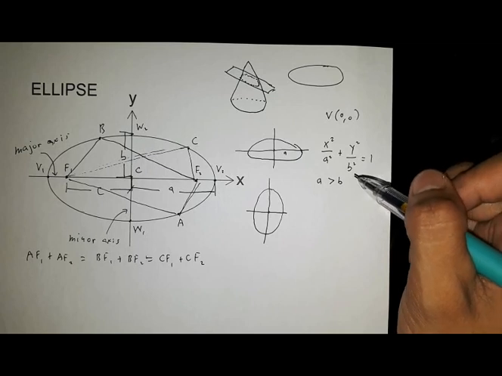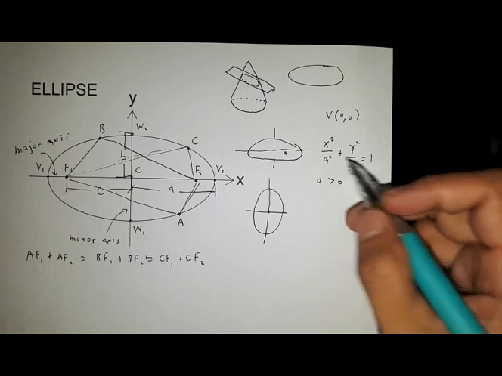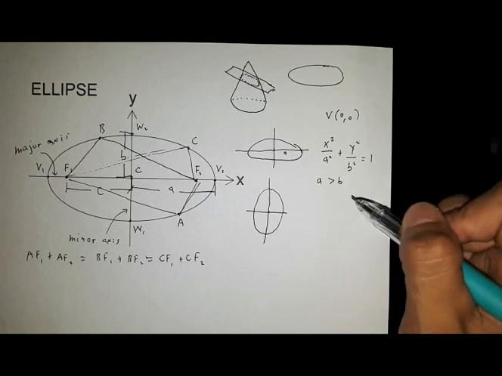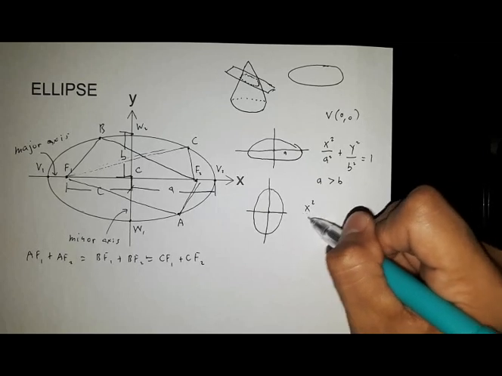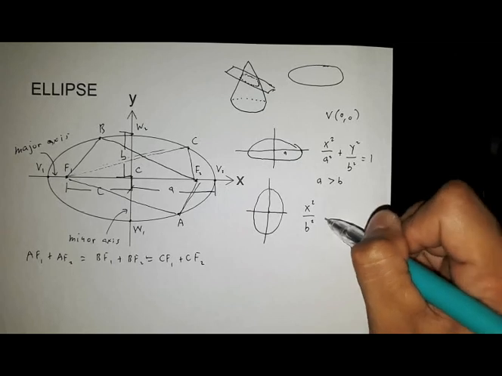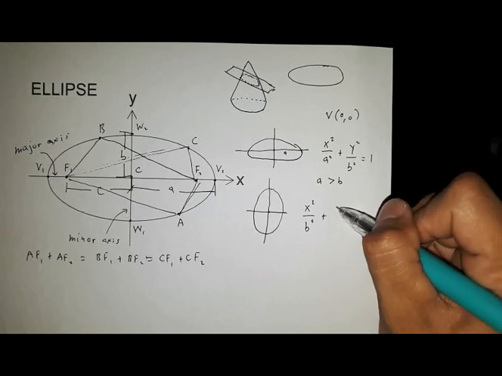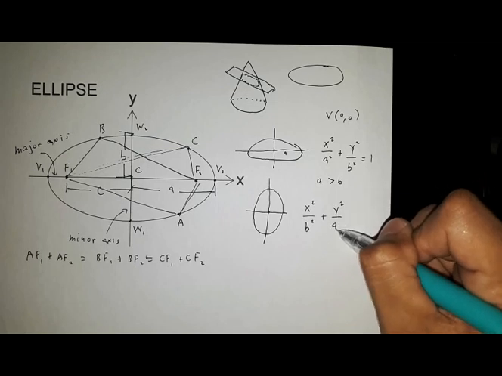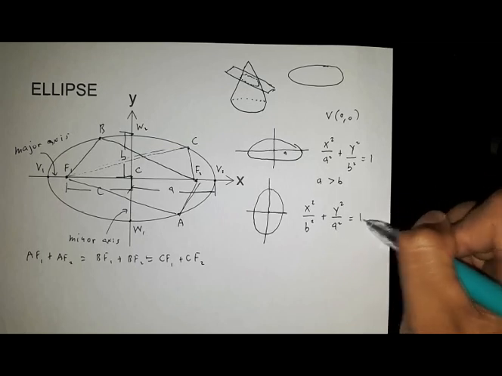Now, when you have an ellipse in vertical orientation, you have x squared over b squared plus y squared over a squared equals 1.